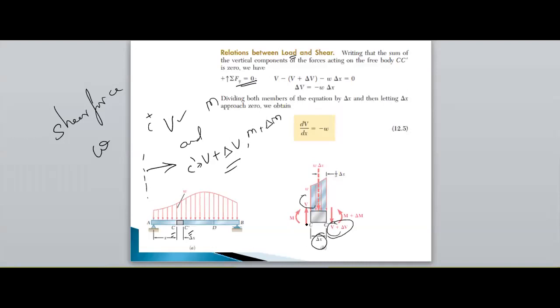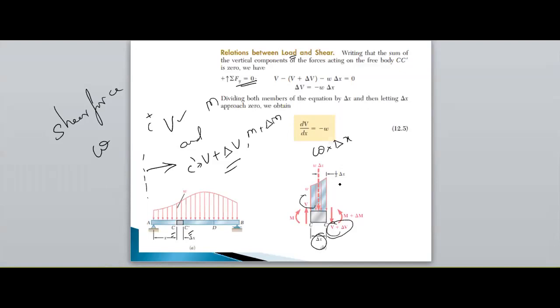Here a UDL is applied. Therefore, I need to convert this: W into delta x, where delta x is the length, is the point load, which is shown in the red color, acting here.